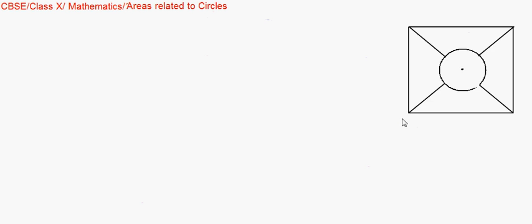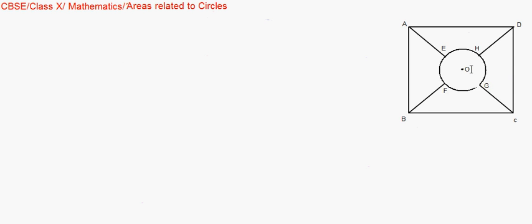This is A, this is B, this being C, and that's D. With this point of intersection being E, that's F, this is G, that's H, and the center is given by O.